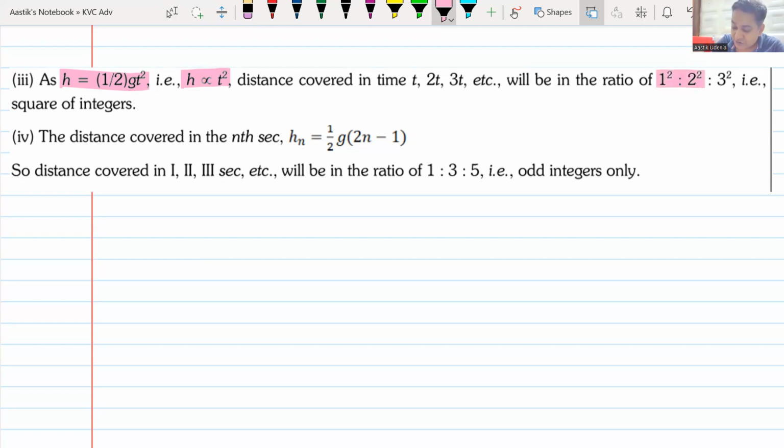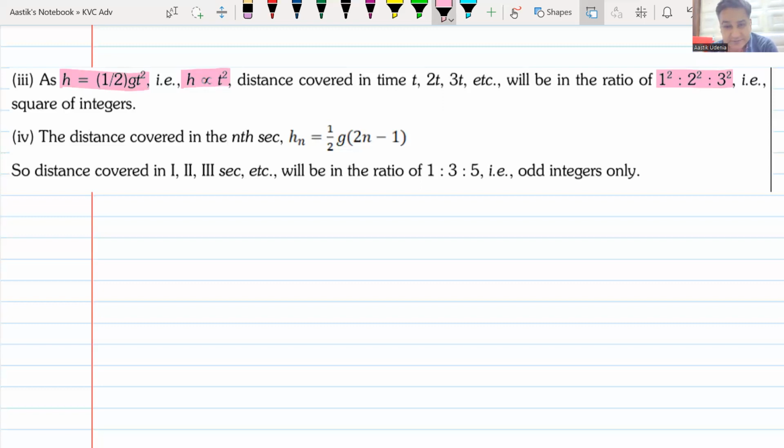It will be in the ratio of 1 square in the first second, if it moves 1 meter. In 2 seconds, it will move 2 square, means 4 meters. In 3 seconds, it will move 3 square, 9 meters. In 4 seconds, it will move 4 square, 16 meters, then 5 square, 6 square, 7 square, and so on.